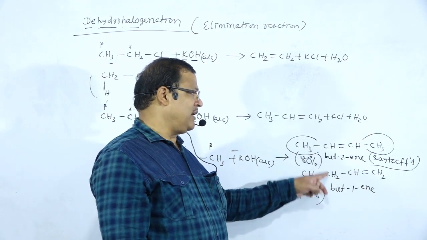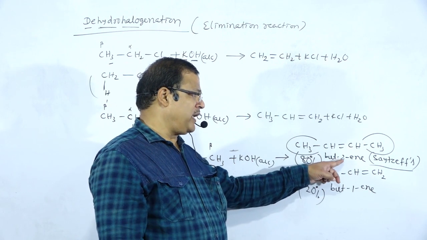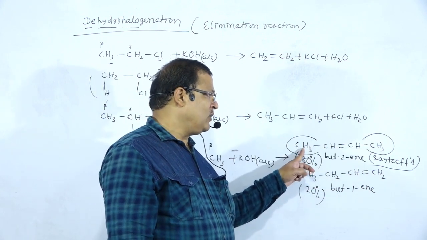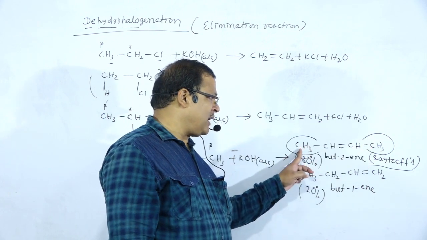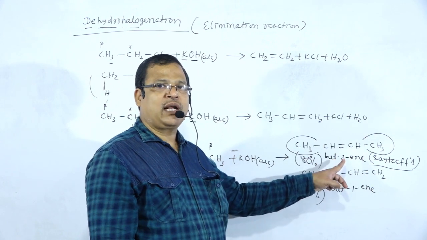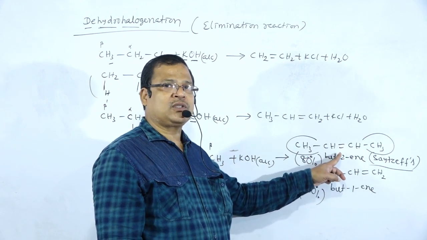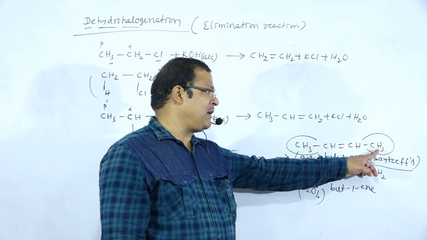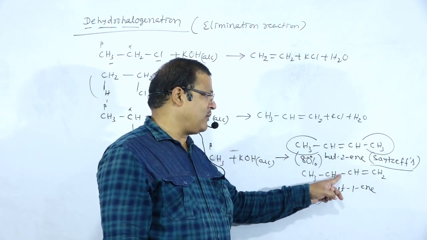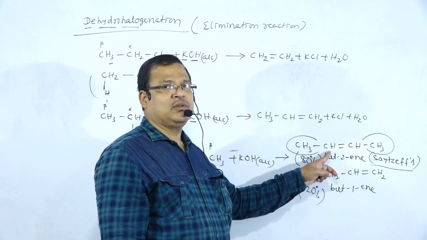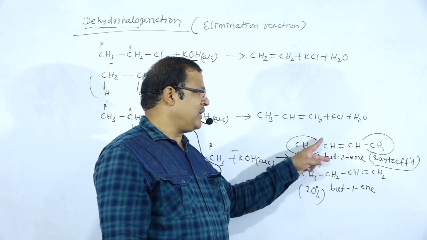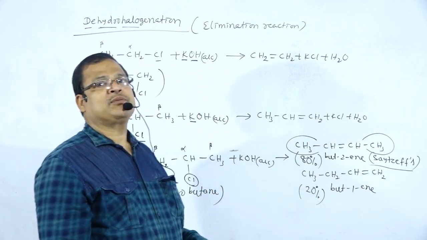Among these two, but-2-ene is more stable because this is more alkylated, which contains more number of alpha hydrogen atoms, which gives more number of no bond resonance or hyperconjugated structures. There is the presence of 6 alpha hydrogen atoms, but in this case there is the presence of only 2 alpha hydrogen atoms. So this is more stable. That is 80%, this is about 20%, or you can say this is your Saytzeff's product.